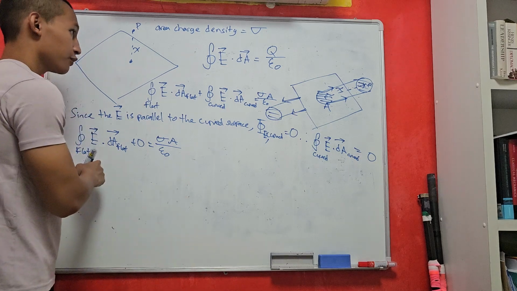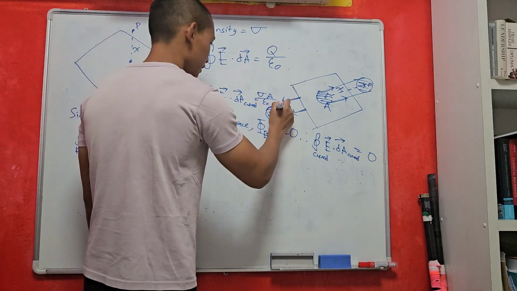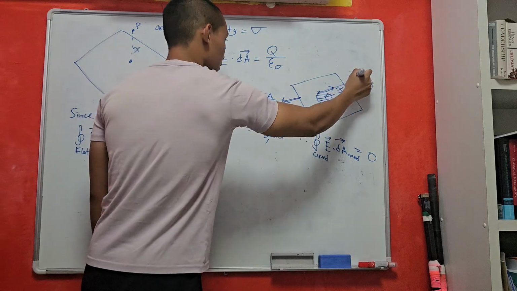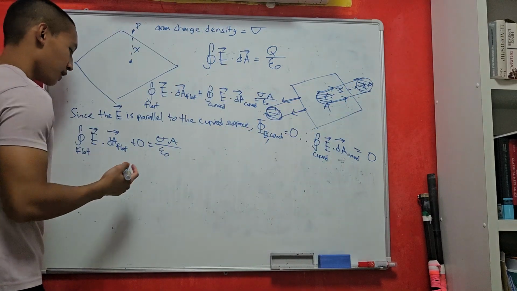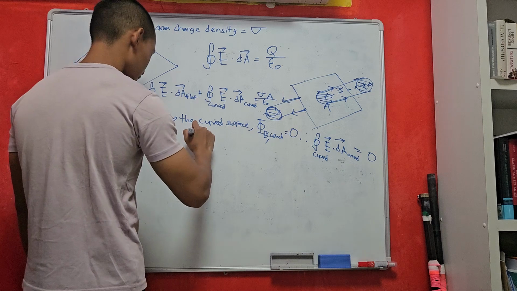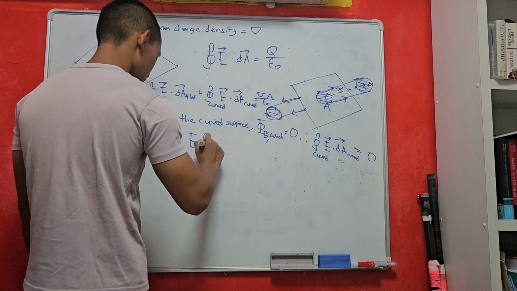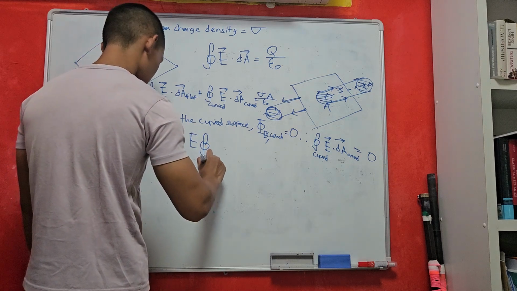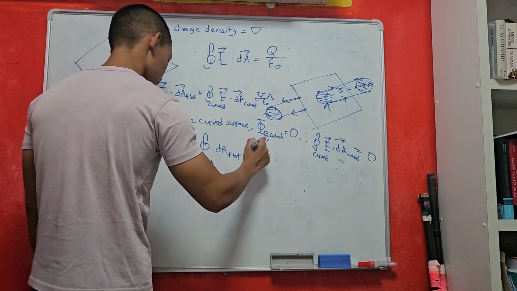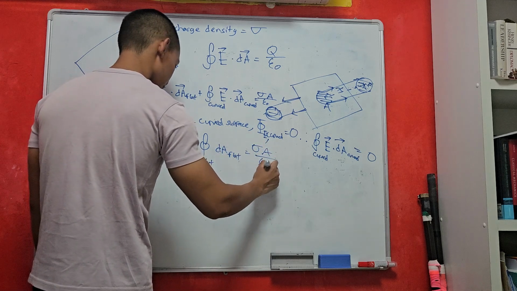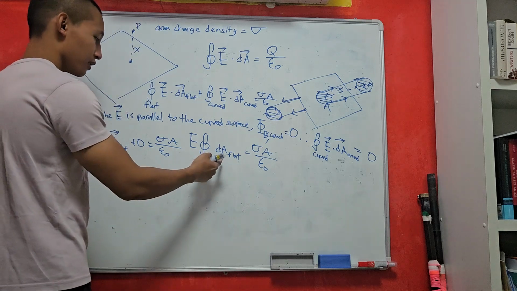Now, because the electric field at the surfaces is all equal in magnitude, I can just make this into a scalar quantity, and I can write down E equal to sigma A over epsilon naught. Now, what is the area here?